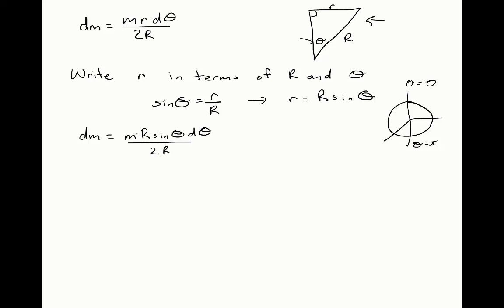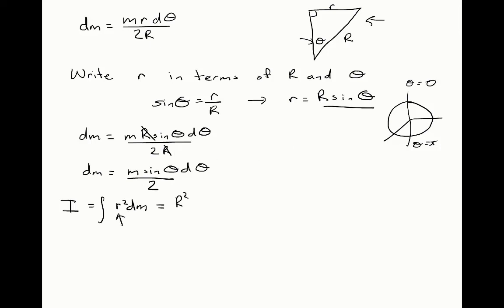So if we simplify this, now our R's cancel out, and now our dm equals, now we need to put this back in our original integral for what the moment of inertia is. Well, here's an interesting point. This little r is this one. So that's actually R squared sine squared theta.